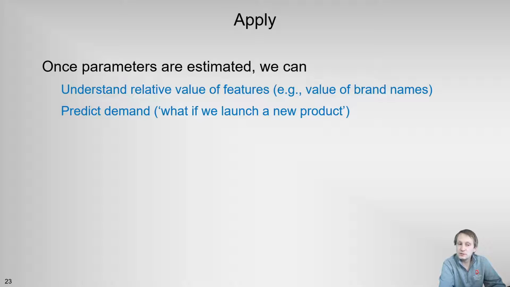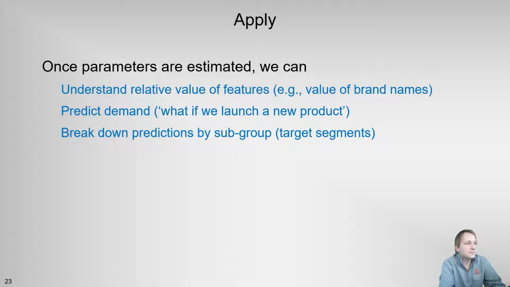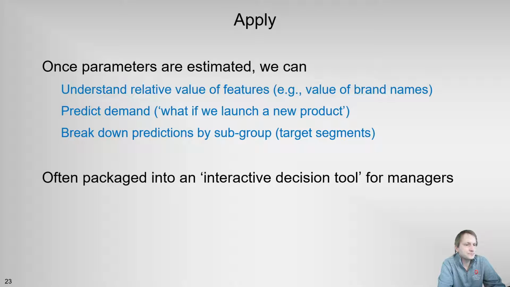And so how much market share might we be able to capture in the long run? We can then also do breakdowns by subgroups, so we can split our respondents based on characteristics of these respondents and see, okay, who would like this new choice alternative most. That can also then help us to create our advertising, because we would try to actually reach those customers that are most interested in our new choice alternative.